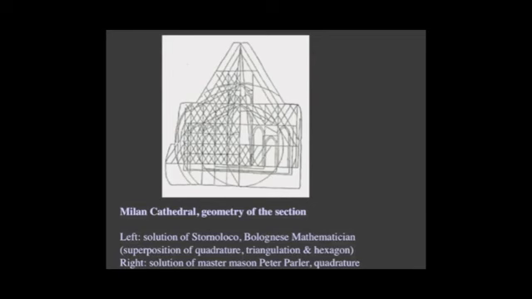However, it also had to mean something, and that's why the mathematician, Mr. Stornoloco in Bologna, came in and took what was already constructed of the Milan Cathedral and reinscribed it into a different geometrical system. So this is Stornoloco's drawing.